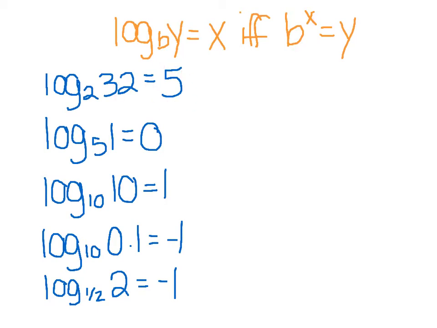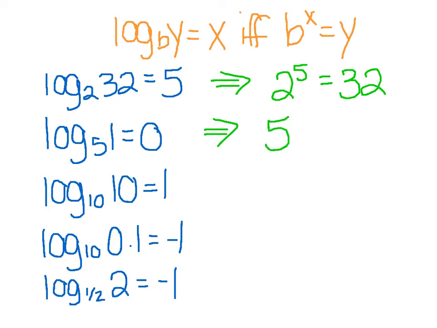So I can rewrite this as 2 to the 5th equals 32. All right, and if we look at that, 2 to the 5th is 32, so that's true. Looking at this example, base is 5 and x is 0. 5 to the 0th equals 1. We know that's true too.